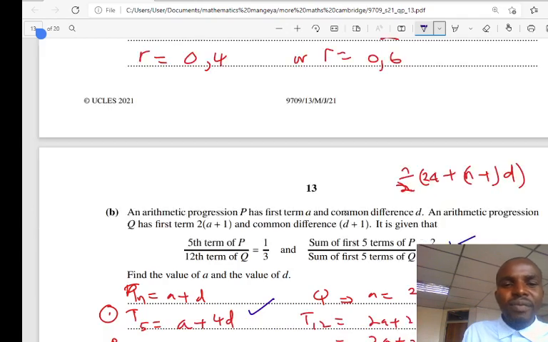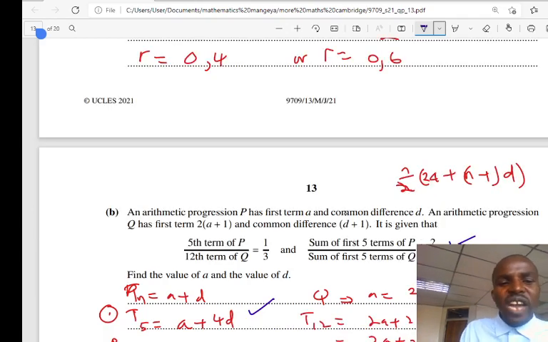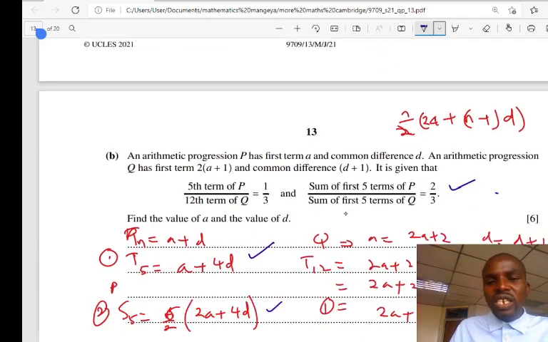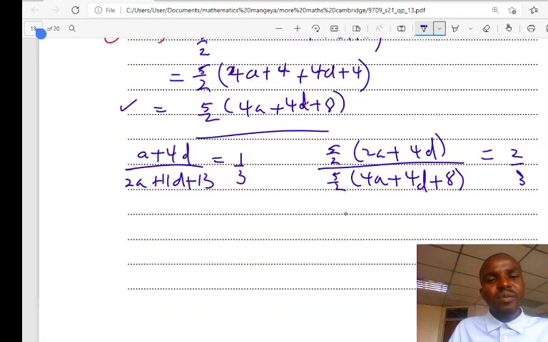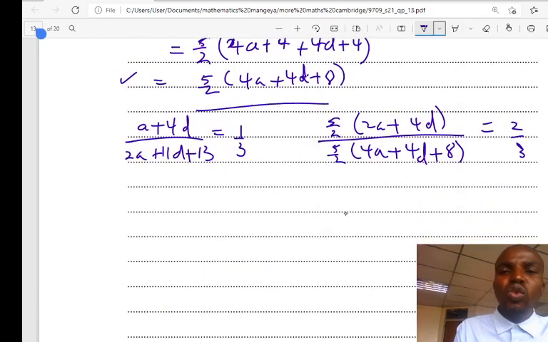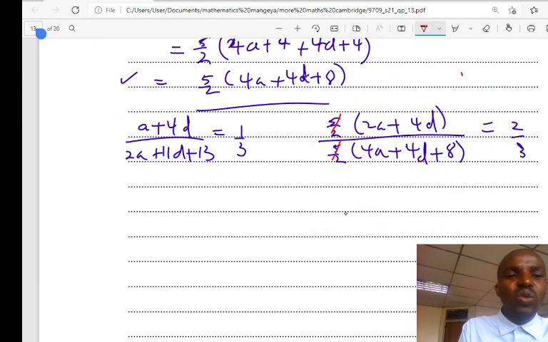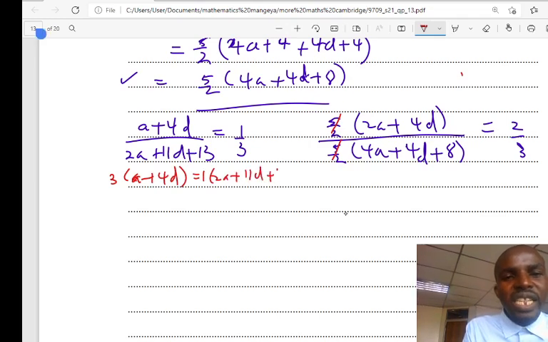Then our question is saying find the value of a and the value of d. So from these two expressions, we can formulate two equations. Then you can solve them as simultaneous equations. These two cancel out. On this one, you can cross multiply. 3 will multiply a plus 4d, then is equal to 1 will multiply 2a plus 11d plus 13. It was 13, right?